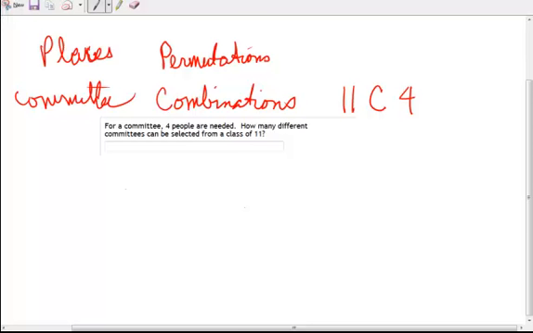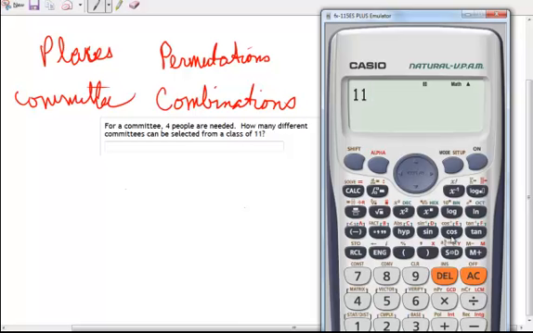Permutation is the number of ways that something can happen. So in this case, we would just press on our calculator 11 combination, choose 4, and that'll be our answer.